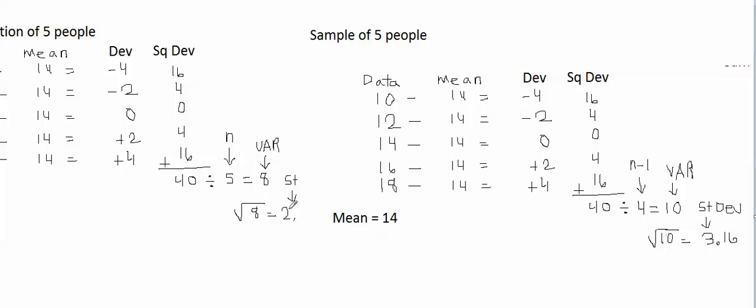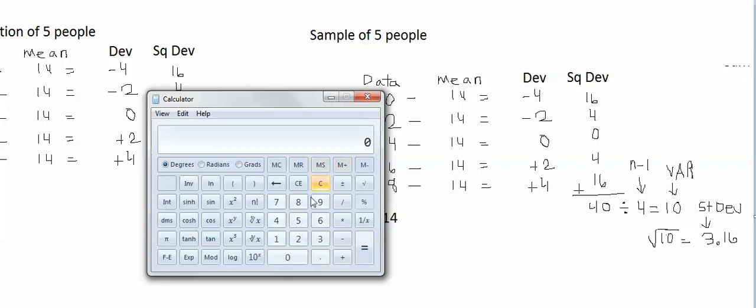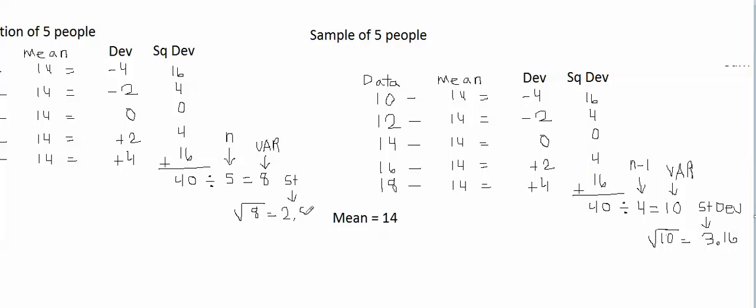Here, the standard deviation came out to about 2.8. But when I divided by 4, it came out to 3.16. So when I divide by 4, like I did here, the variance went up from 8 to 10, and the standard deviation went up from 2.8 to 3.16. So both of the values increased.